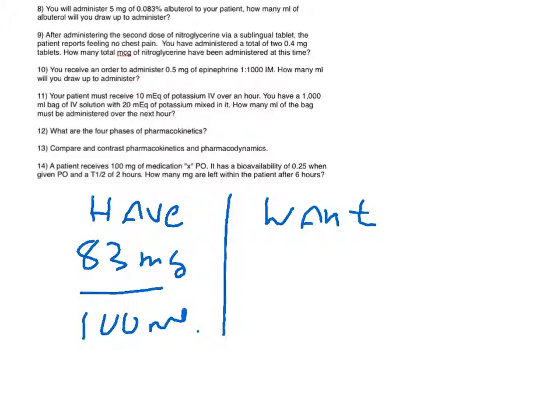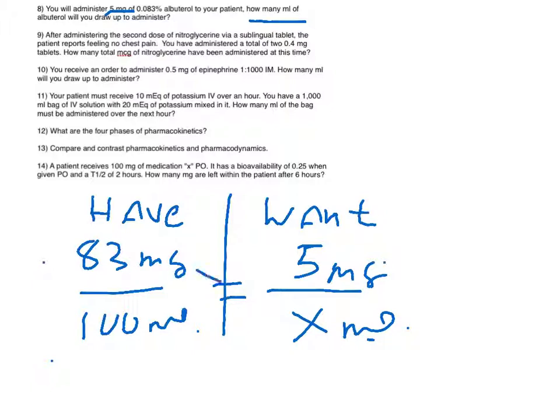And I would write my units when I set these problems up, because what I find is that people are flip-flopping. If I start with milligrams on top, I need to have milligrams on this side. If I have milliliters on the bottom, I need to have milliliters there. Now, how many milliliters? That's what the question is asking, and I need to give 5 milligrams. So I have 5 milligrams, and what I need to find is X milliliters. Then I simply solve this by cross multiplying.